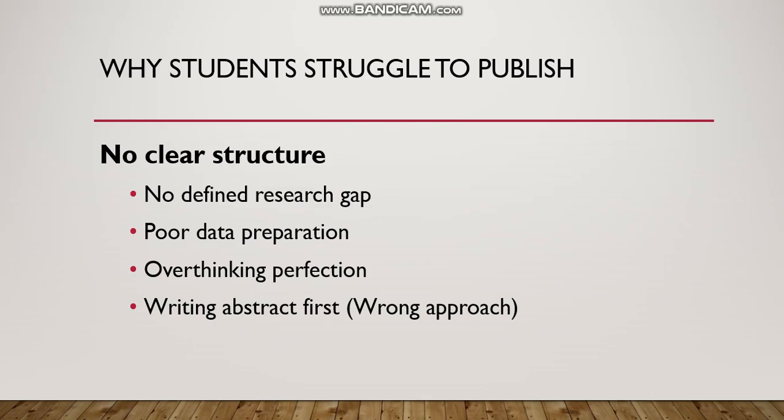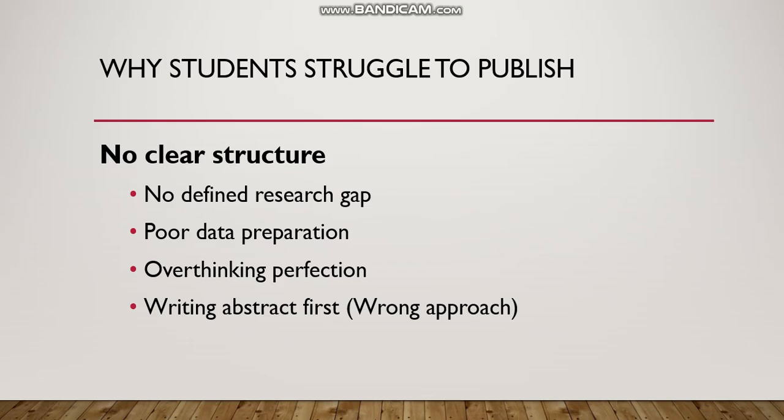All right, so why do students struggle to write a publishable work? For many students, they struggle to publish because they don't have structure in their work. Some of them don't have a clearly defined research gap. Some even have poor data presentation, or they have not collected the data that suits the work they're doing.